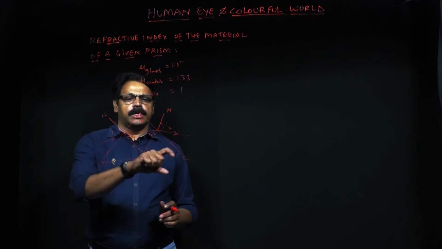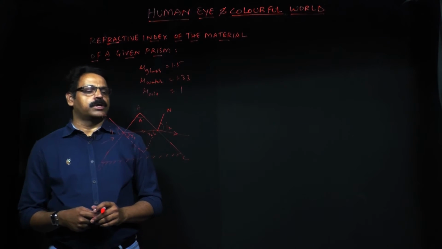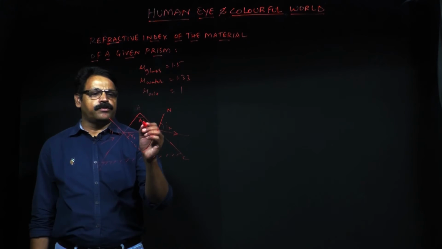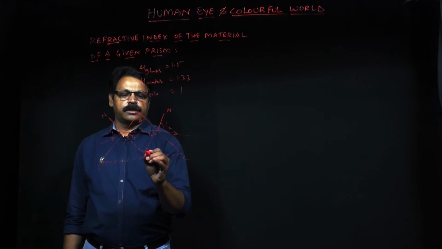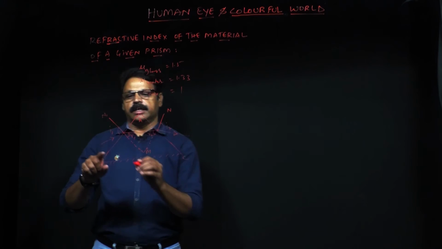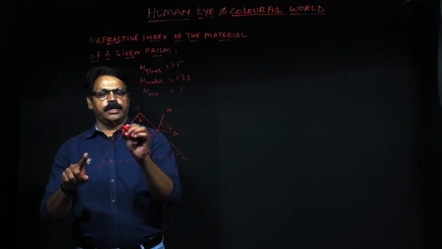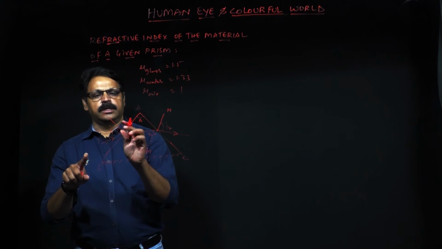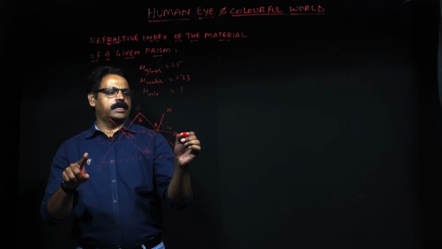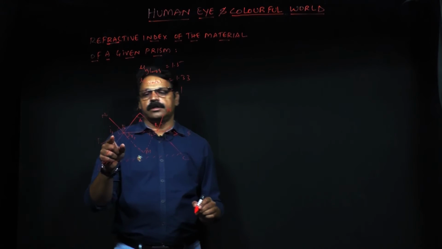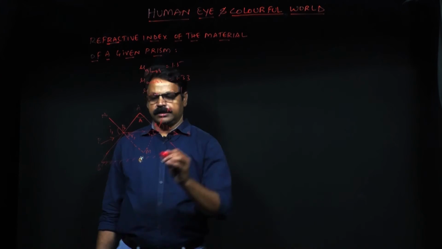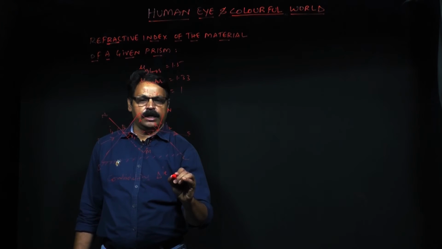Now looking at these parameters, we need to calculate the refractive index of this prism. Let us say this is P, Q, R, S. PQRS is the path of the ray. Now consider the triangle AQR.